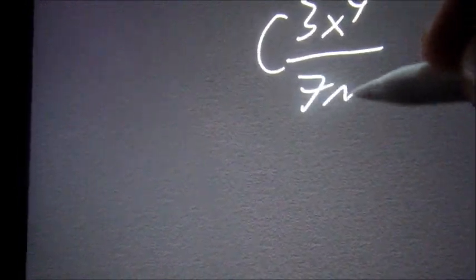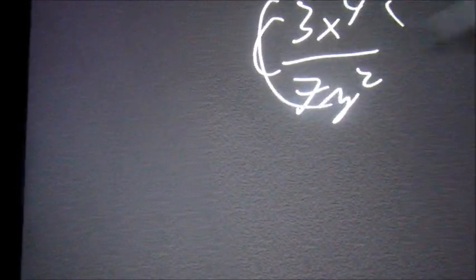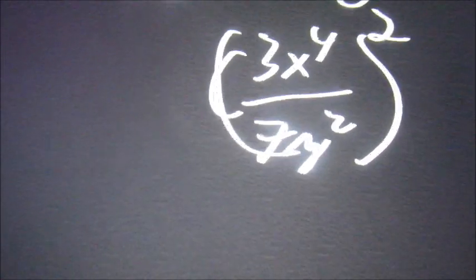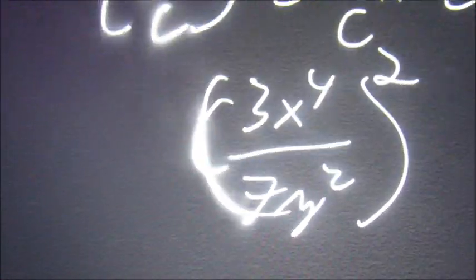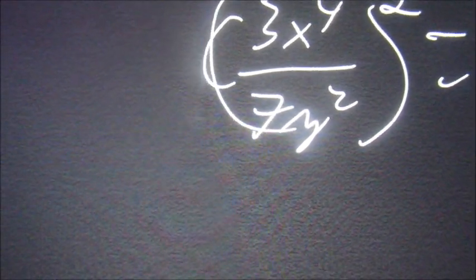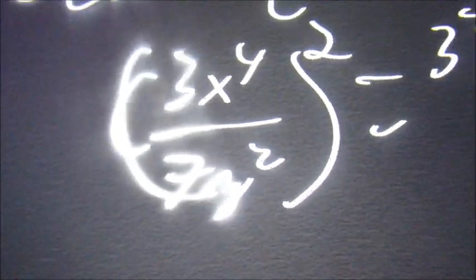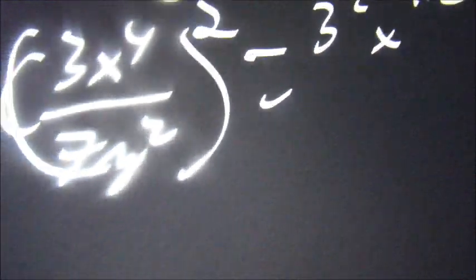So let's say that we have 3x to the 4 over 7y squared, and all of that is squared. So we're going to square every single thing in here. So that's 3 squared, and then x to the 4 times 2 over 7 squared, and y to the 2 times 2.